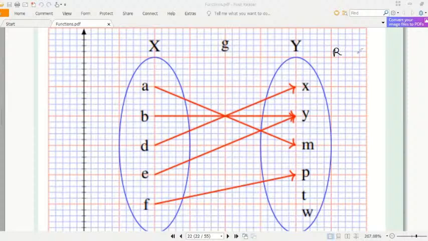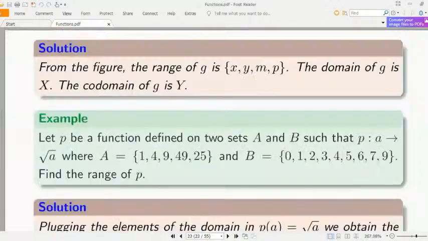The elements that have been mapped to are x, y, m, and p. So this is the range. If you're given a diagram and asked for the range, this is how you do it. And so those are my answers.